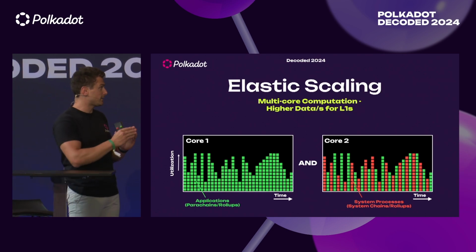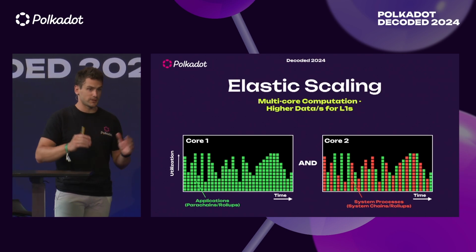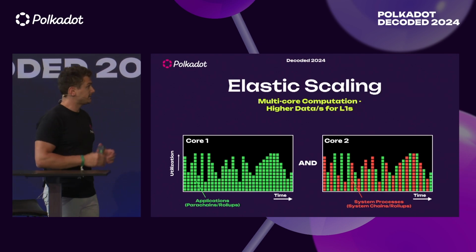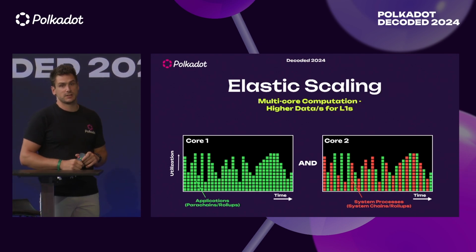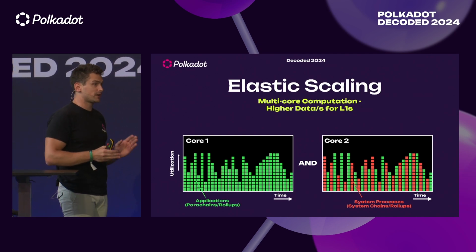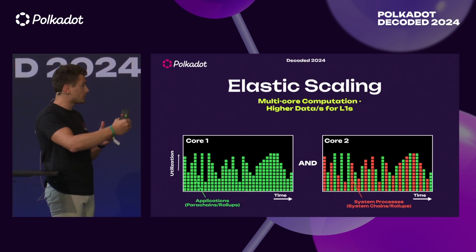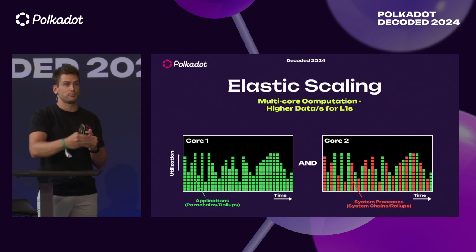So you have a two-core parallelization, and at the same time, maybe core 2 can interlace with another process. So you can see how we are moving more towards today's computers. What Polkadot is trying to achieve is to use this computation resource as agilely as possible, like traditional computers today do.